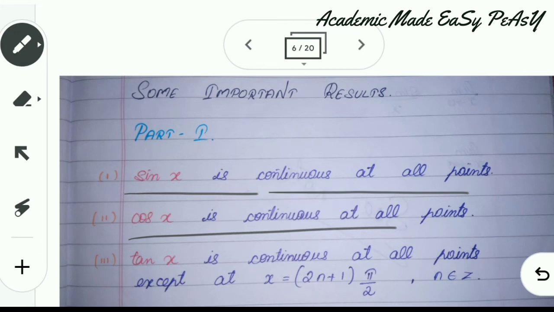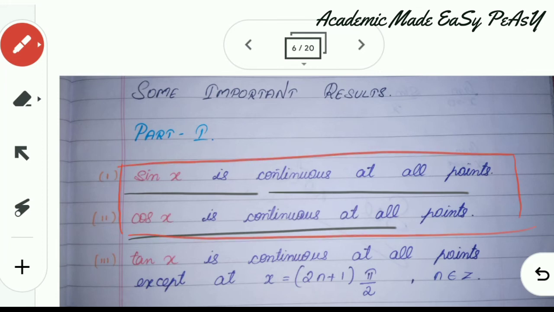See, only in trigonometric sums, only sin x and cos x will be continuous at all points. You have to remember this very carefully. So sin x and cos x alone will be continuous at all points. Other functions will be discontinuous at some points.